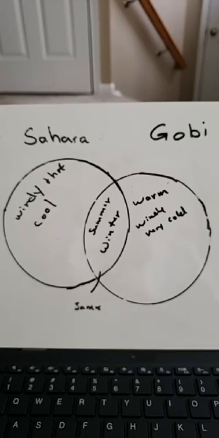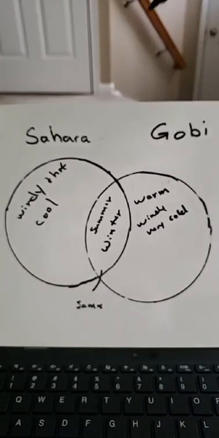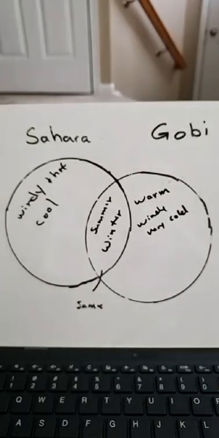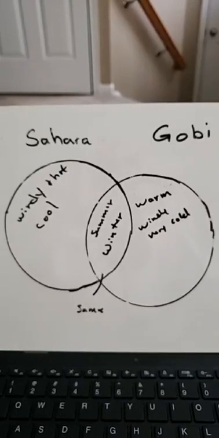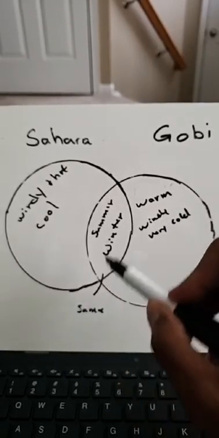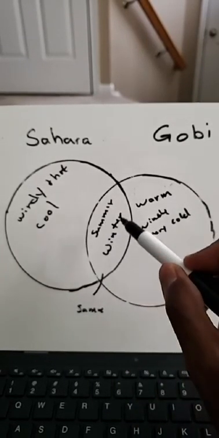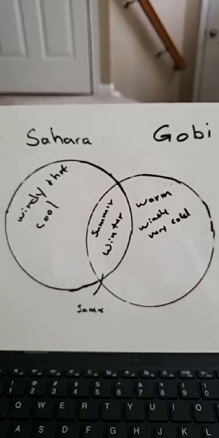So students, from those few sentences we read, we can do a quick summary using our Venn diagram to compare and contrast. We know we're comparing and contrasting the Sahara and the Gobi. They are the same because they both have summers and winters, but they contrast, they're different.